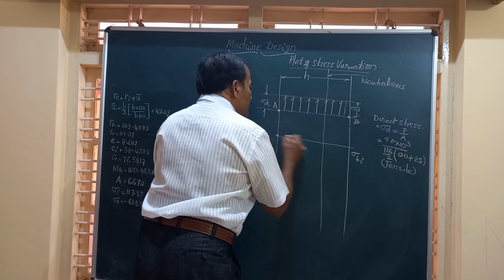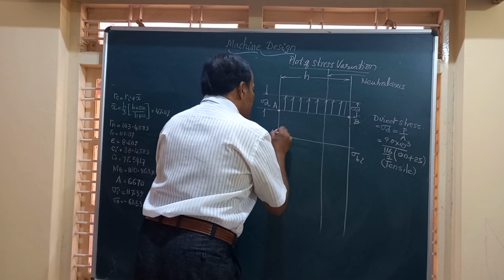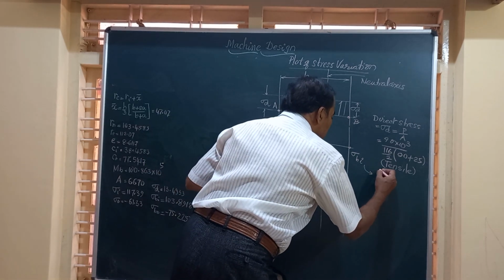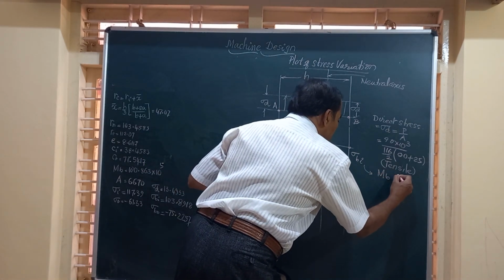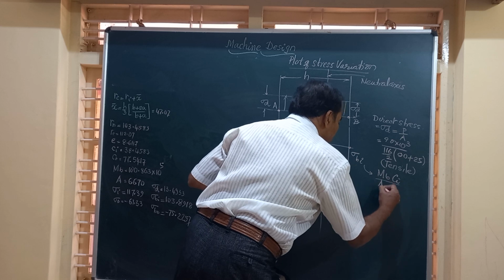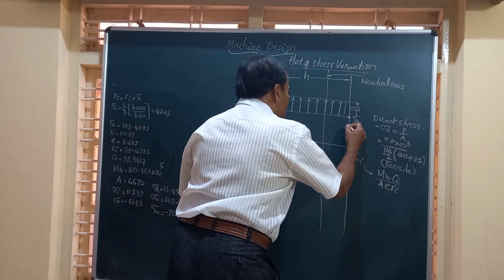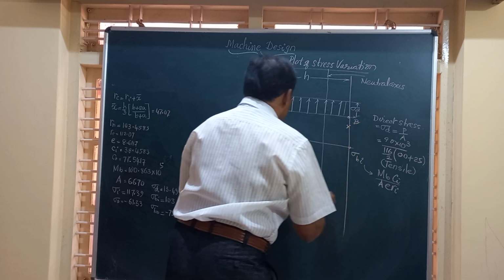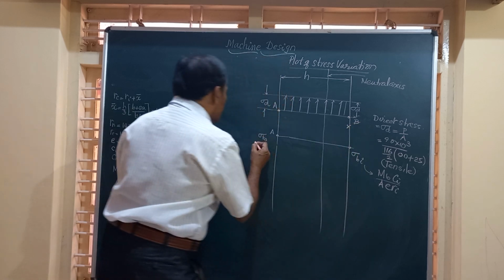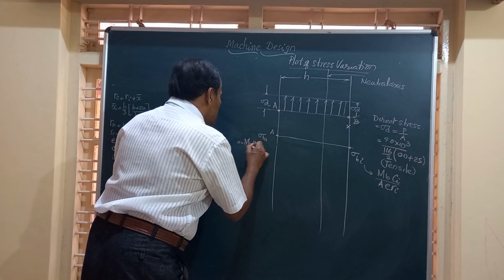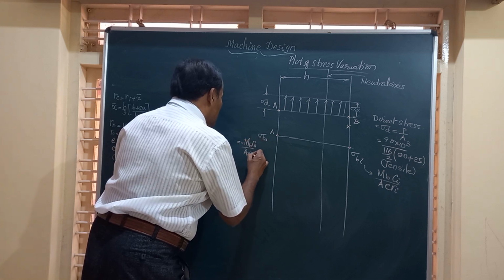Inner fiber is B, outer fiber is A. Friends, this sigma bi is given by the formula M b c i divided by A e r i. You know all the values. Say you get a height like this, and sigma b naught is equal to minus M b c naught divided by A e r naught.